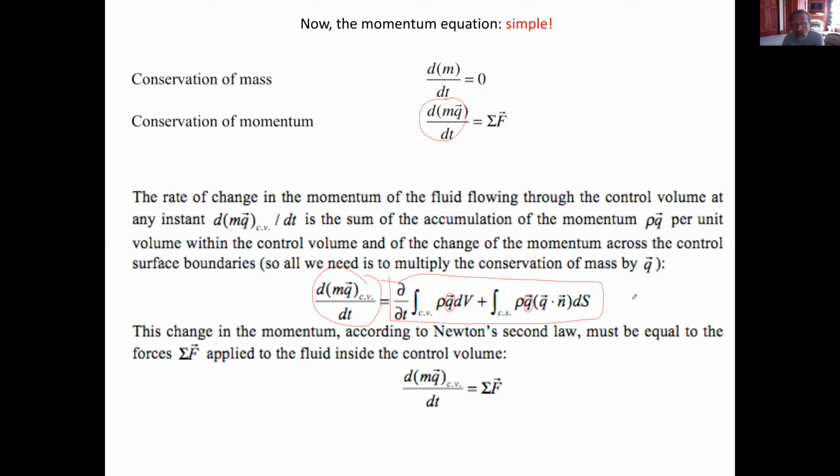That's all I did. And then we solved the problem. So very easy, if you agree to equation 1, you should agree to equation 2. Very easy. Now, we have to really take care of the forces. So this is the equation, and then that must be equal to sigma F.